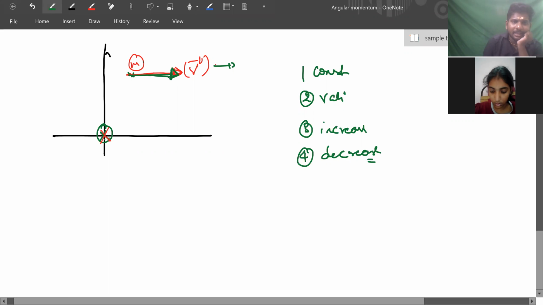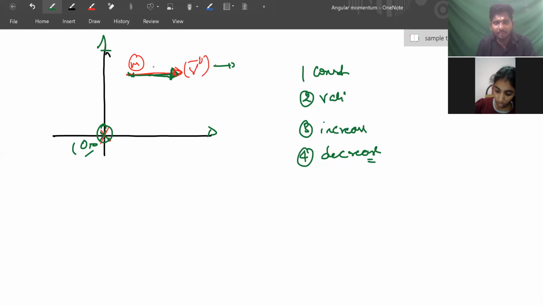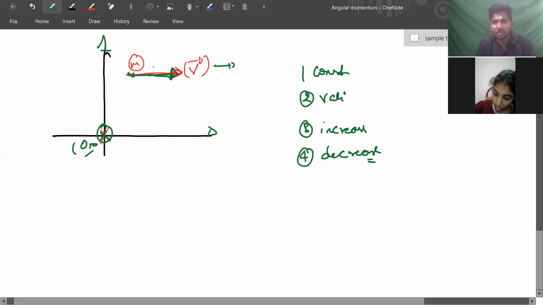This particle's angular momentum about the origin, and the particle is moving parallel to the x-axis at a constant velocity. I'll write the question, so dictate it. A particle is moving with a constant velocity parallel to the x-axis. How will the angular momentum of the given particle vary with respect to the origin?